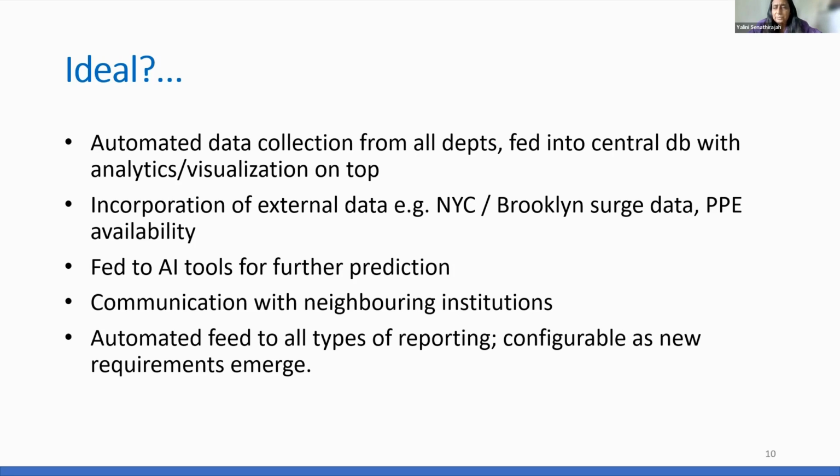We found from interviews that staff were sometimes, as they put it, talking on the phone to quite shady people trying to get PPE. There is a need for AI tools for allowing further and more sophisticated prediction, and the need to communicate with neighboring institutions. So automating feeds to all kinds of reporting, which could be configured as new requirements emerge, was also a very critical need.